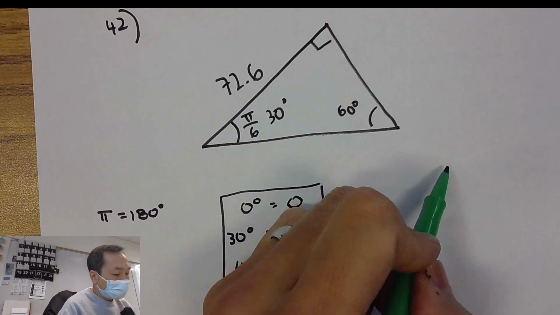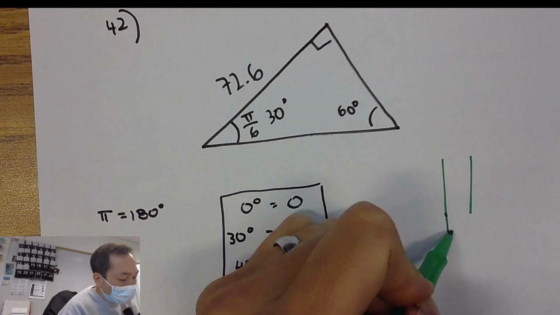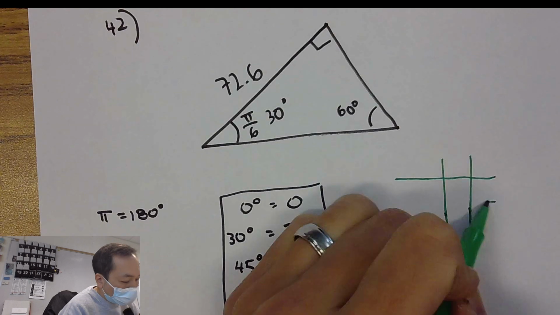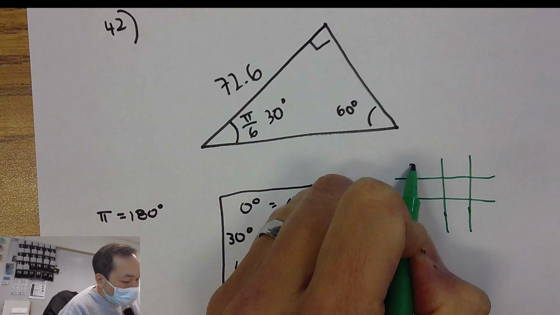Yeah, because we have a 30, 60, 90 triangle. So remember, if we have a 30, 60, 90 triangle like that, across the 30 is 1.